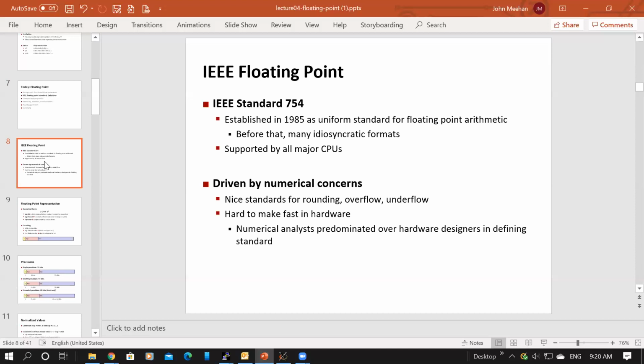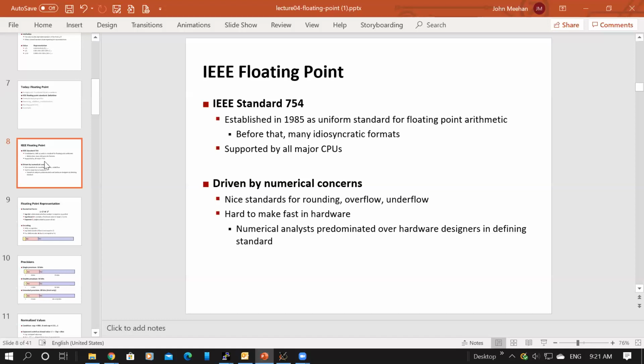And the overriding motivation for what this standard would look like and how it would behave was that it would have nice numerical properties, which will become clear what we mean by numerical properties later, as opposed to a standard that would be easily implemented in hardware, or where you could easily see how you could implement it fast to function quickly in hardware.